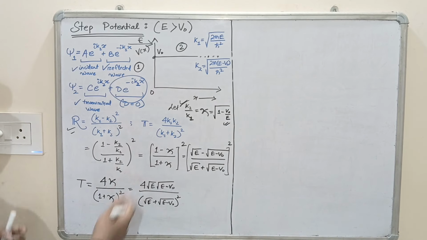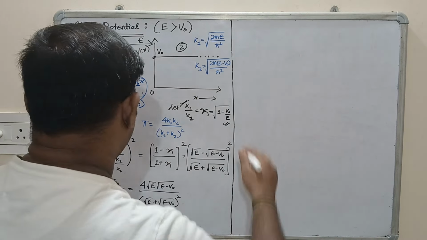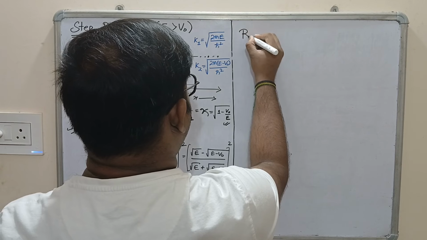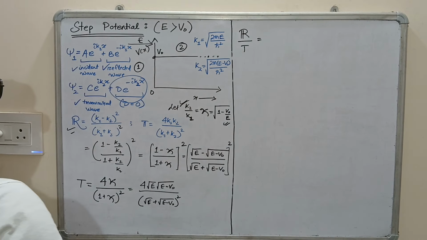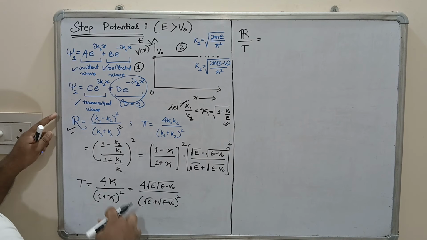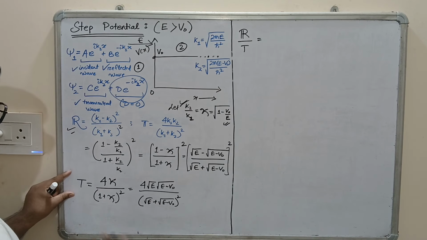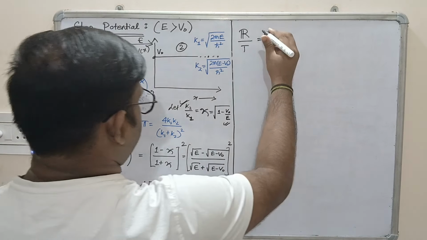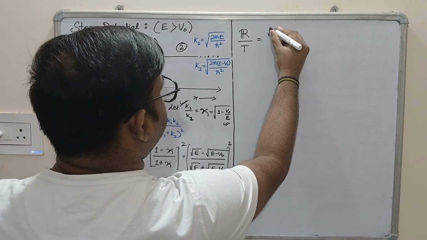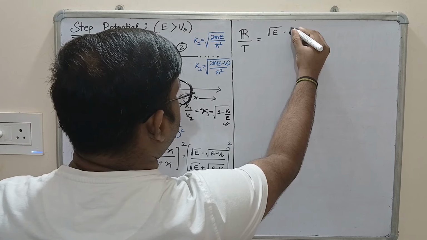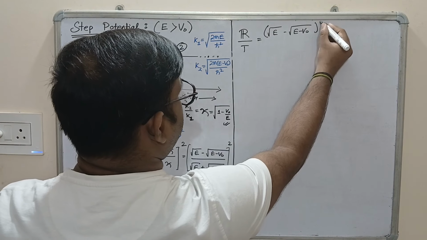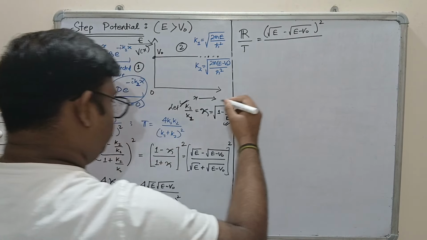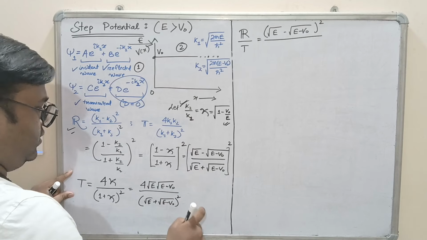Okay, this is what we did. Sometimes what happens is that in exam they also ask us questions like the R by T ratio. The ratio of coefficient of reflection to coefficient of transmission will come out to be root over of E into root over of E minus V naught square, divided by this one, and this one will cancel.